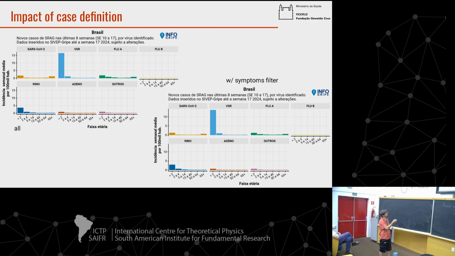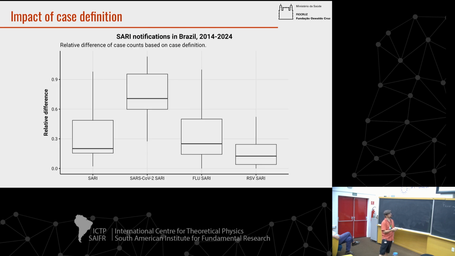For respiratory syncytial virus, which affects mostly very young children in terms of hospitalization, we had a weekly incidence of about 15 new cases per 100,000 individuals, while if we restrict ourselves to cases that respect the case definition, it is a little bit lower.